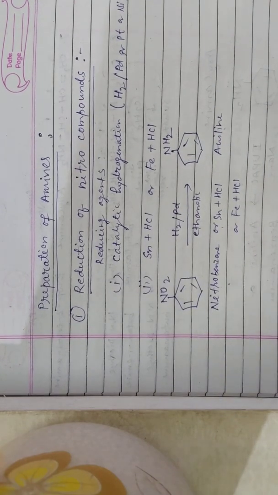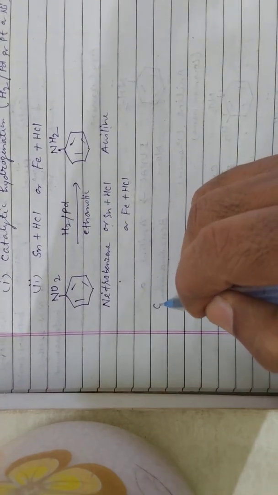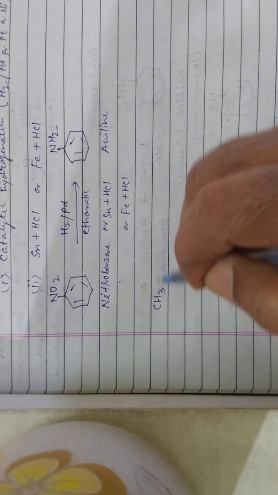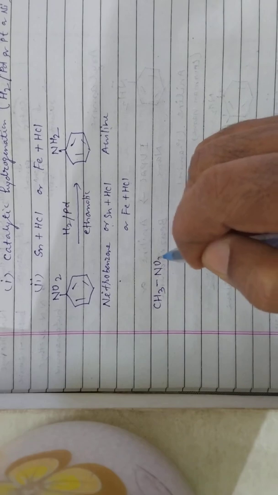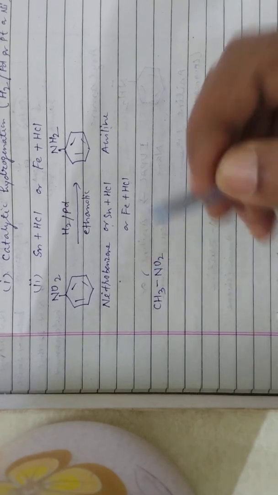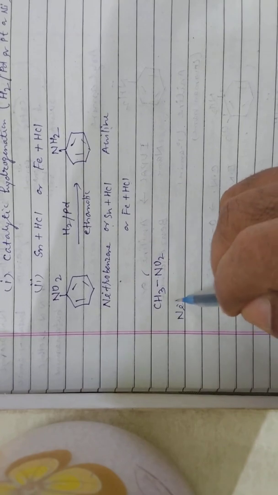Now we see some other example, like simple aliphatic amines. You see how to obtain aliphatic amines. CH3NO2, this is nitromethane.